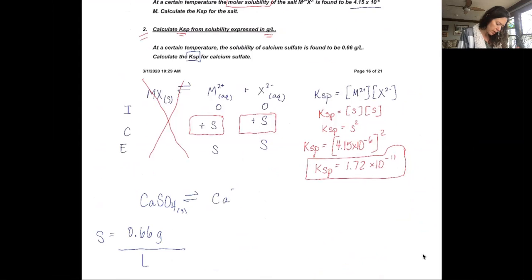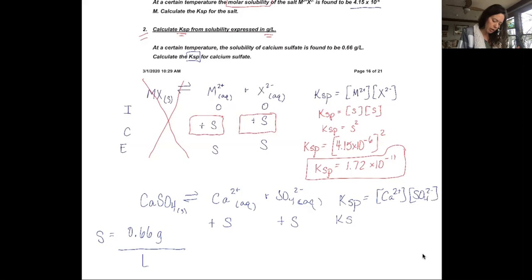This is going to be calcium 2 plus, sulfate 2 negative, still a 1-to-1, so this will be plus S and this will be plus S. Ksp will be equal to calcium's concentration times sulfate's concentration.